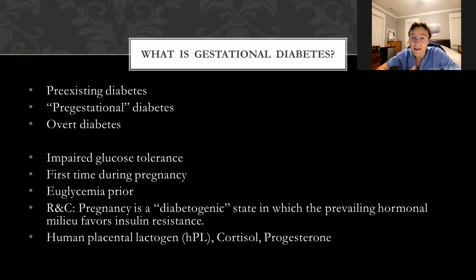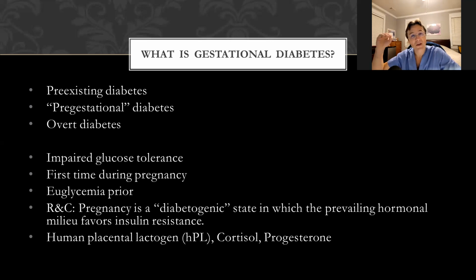The reason behind that is that in normal physiology, it is okay for a pregnant woman to have slightly higher glucose levels, right? But when those levels of glucose go beyond control, above and beyond, then we're getting to the problem, right?